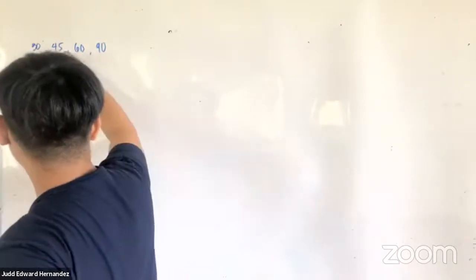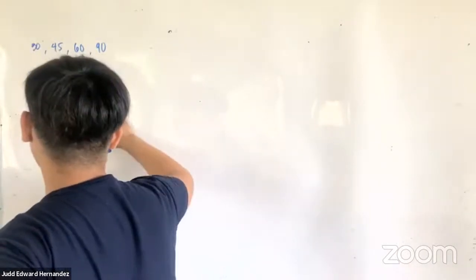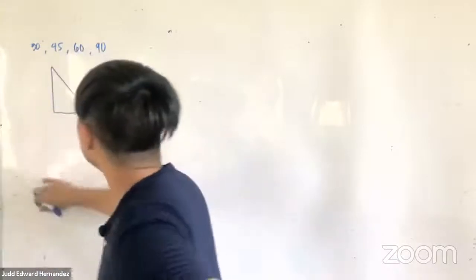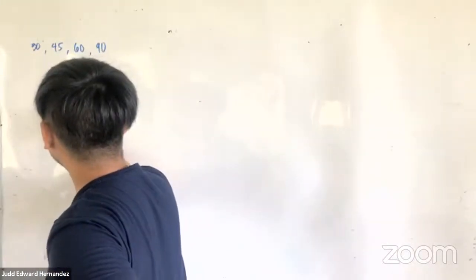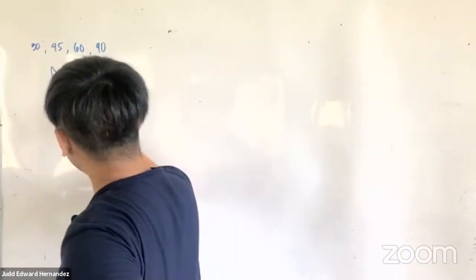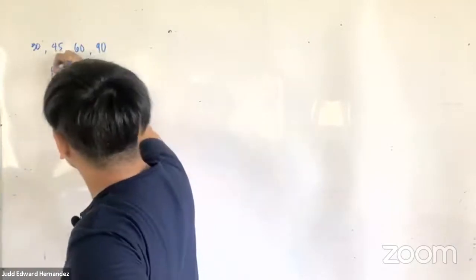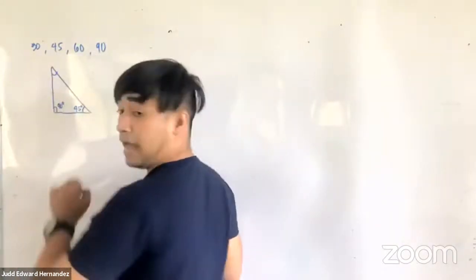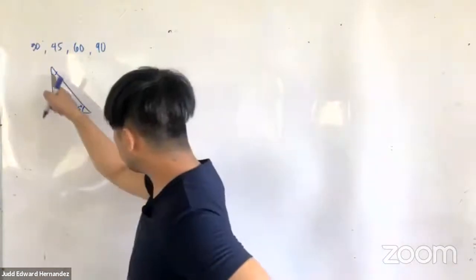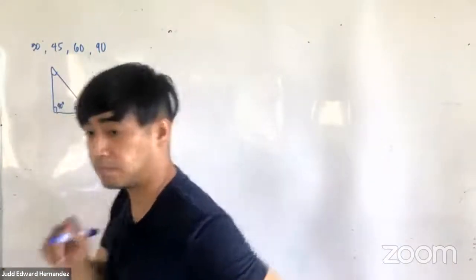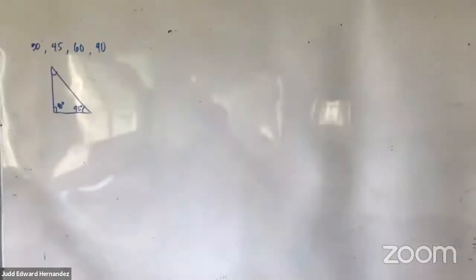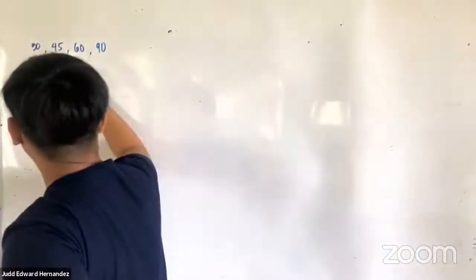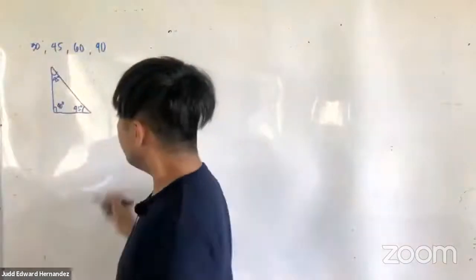This is our right triangle, special right triangle. This is 90. If this is 45 degrees, what is the measure of this angle? If this is 45 degrees, what is the measure of that angle? 45. Also 45. Very good. This is also 45. Okay.